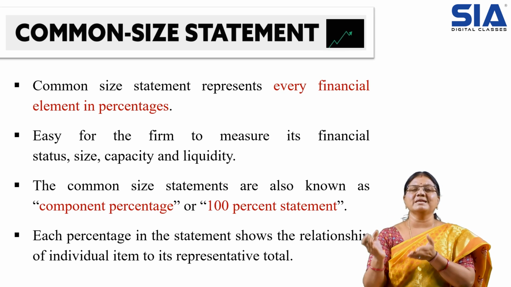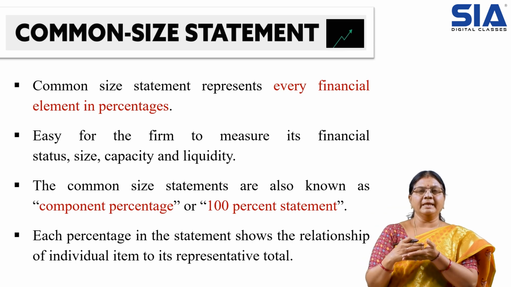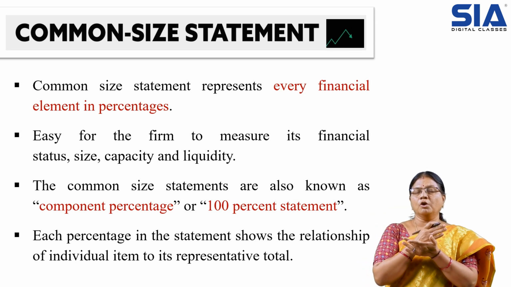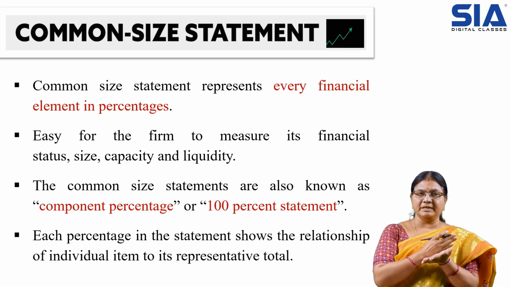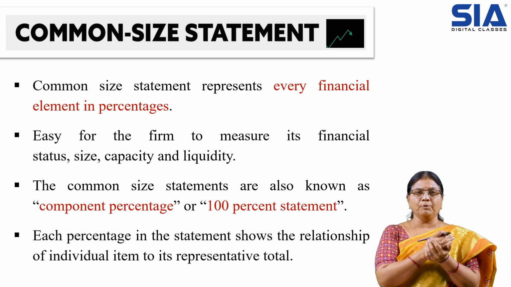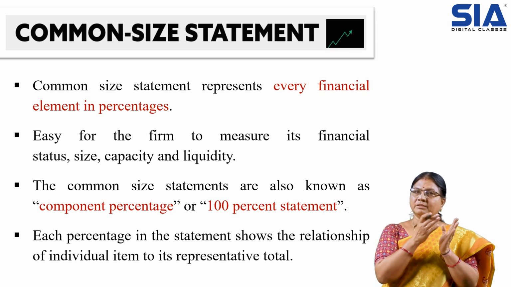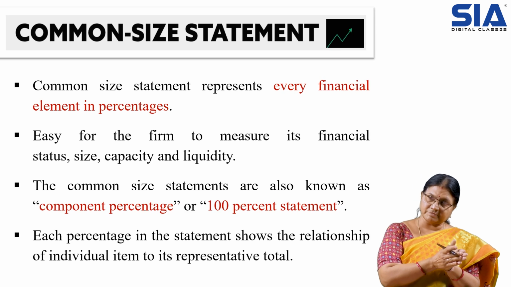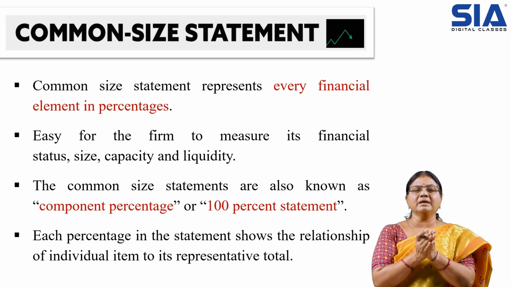We prepare common size statements where we cut short the figures in the form of percentages. We convert those figures into percentages and relate the other components to a chosen base. These common size statements can be prepared for the profit and loss account, that is the income statement, as well as the balance sheet.